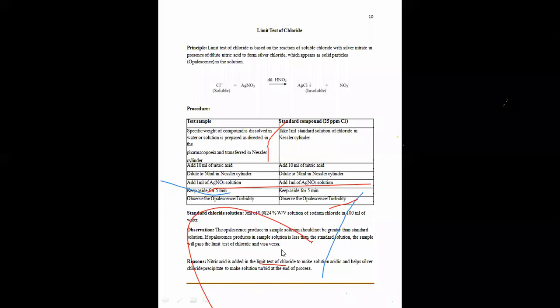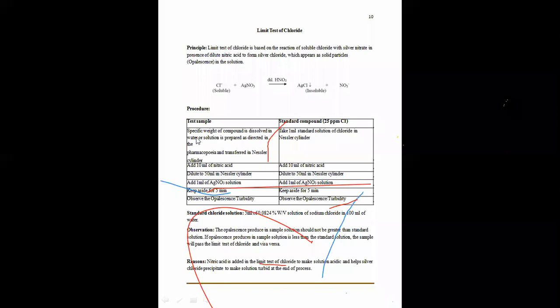Now if the opalescence or turbidity produced in the test solution is not greater than in the standard solution, then the sample will pass the limit test for chloride, and vice versa.